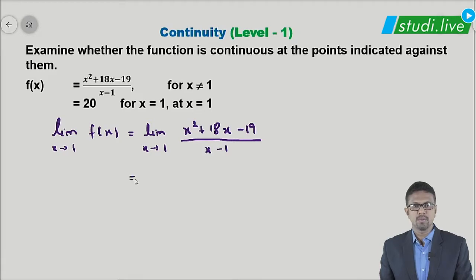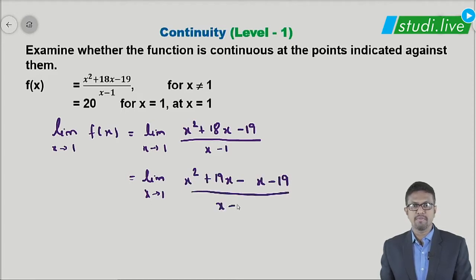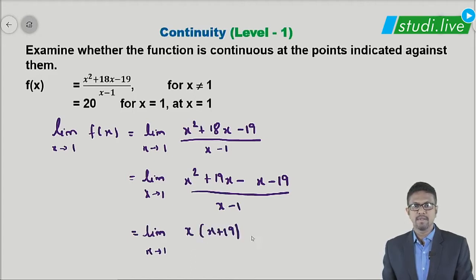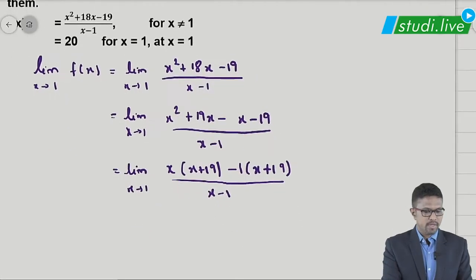So this will be equal to limit x tends to 1, x square plus 19x minus x minus 19 upon x minus 1. I can take x common, I will be left with x plus 19. Minus 1 common, we will be left with again x plus 19 upon x minus 1.